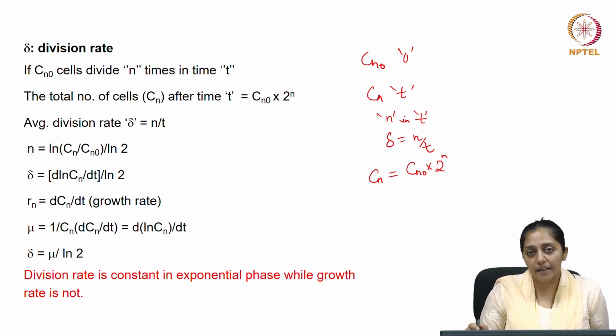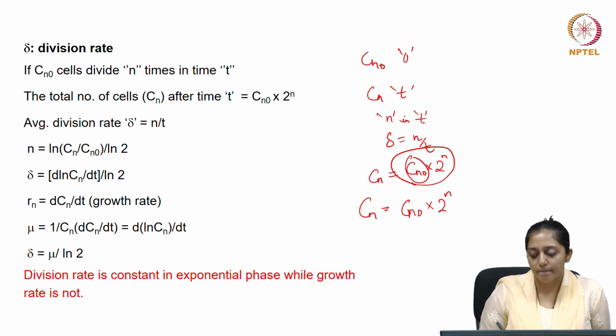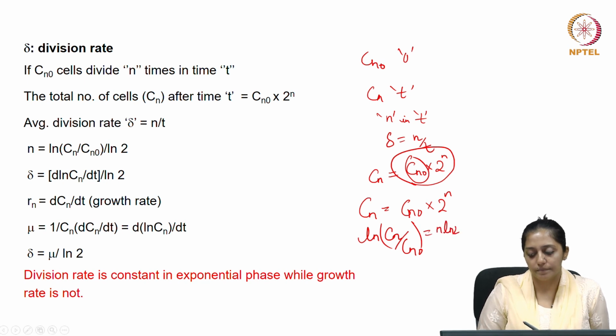So, after n divisions it will become Cn naught into 2 to the power of n, if rather than having one cell we have Cn naught in the beginning. So, now if you try to take a log of this equation, it will become ln Cn by Cn naught equals n ln 2, isn't it?